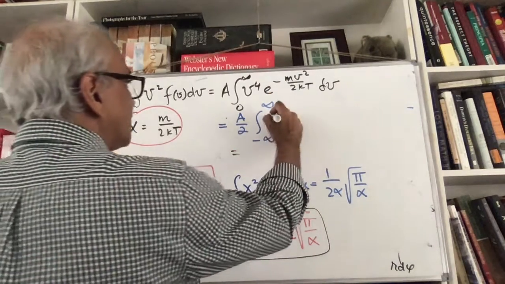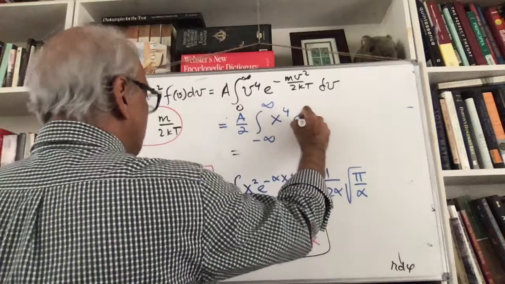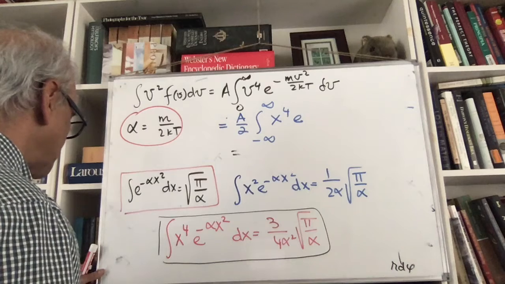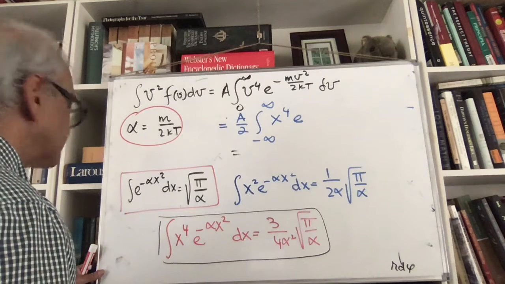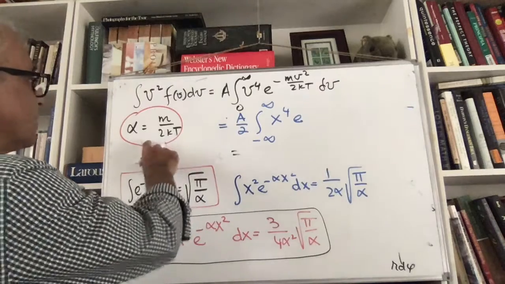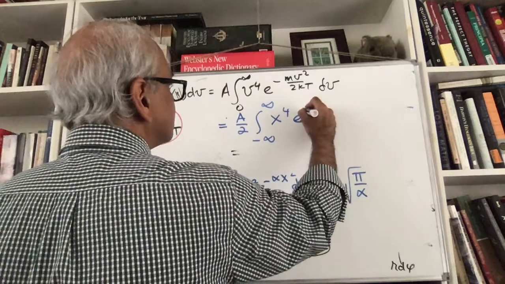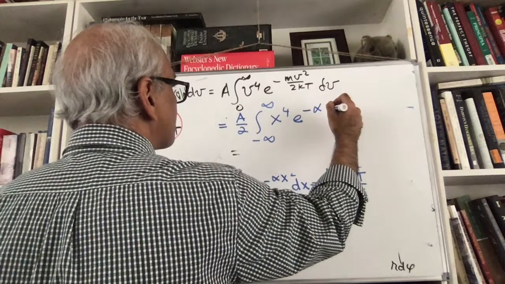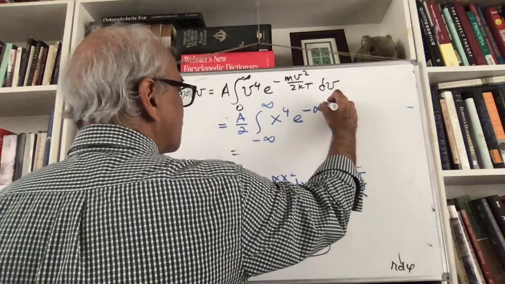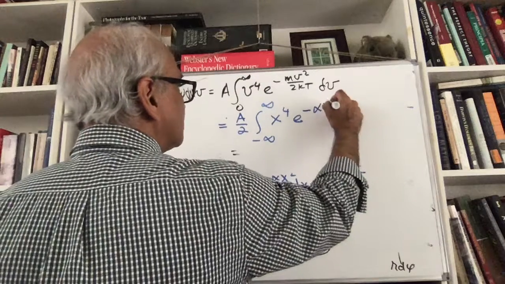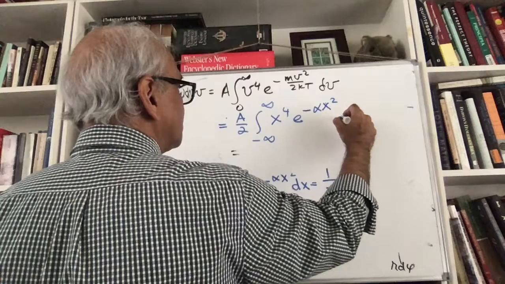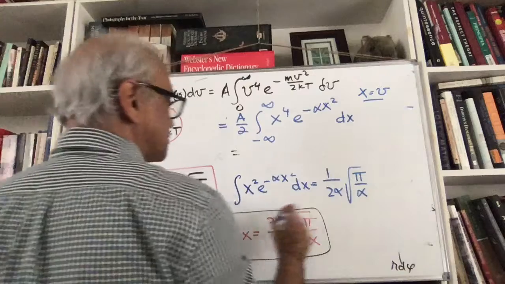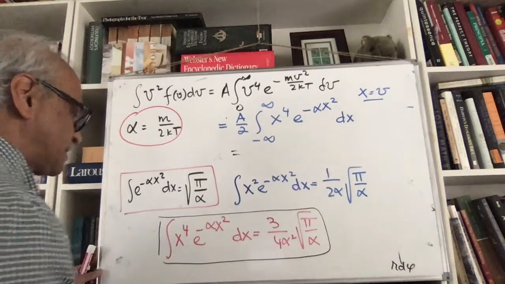Okay, I have x to the power 4, e to the power minus alpha x square, because that's what alpha x square is, and then we have dx. It's the same thing, x is v. The only reason I chose that is just to show you that we're doing the same integration.